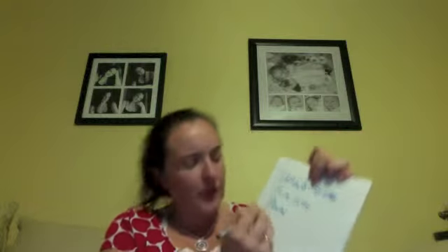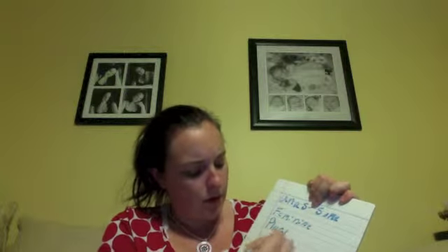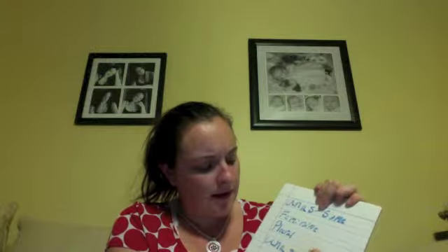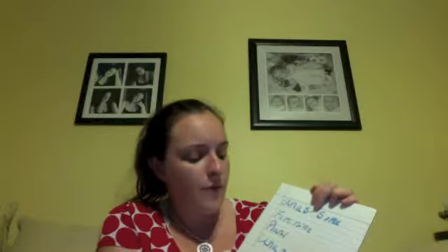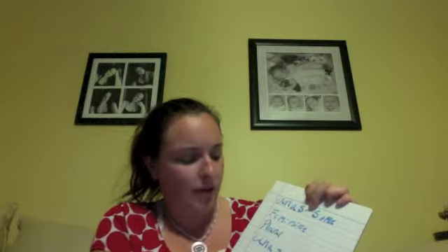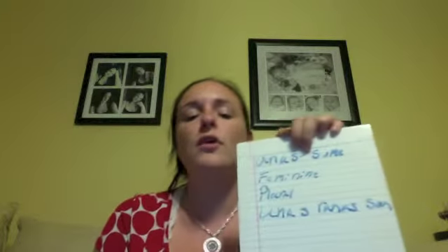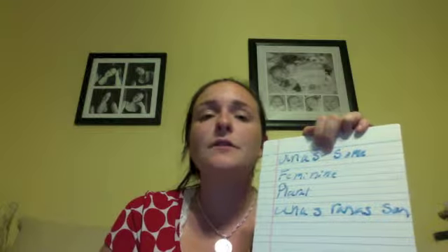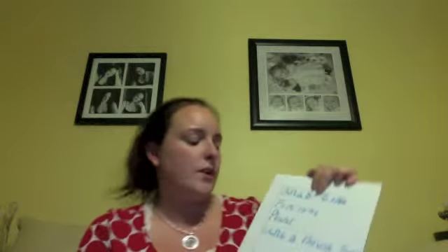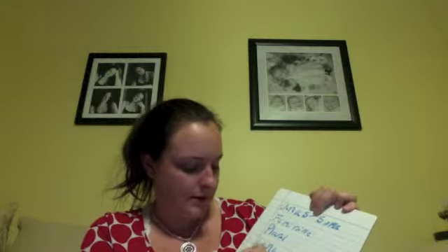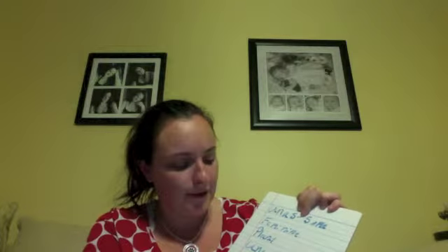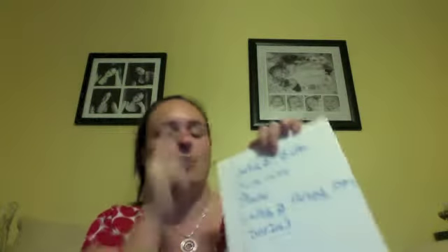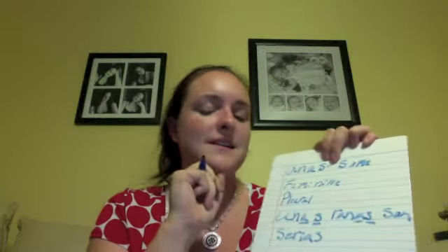An example is unas ranas. Some frogs son, because it's more than one frog, we have to use son. Unas ranas son, we'll do serious. Some frogs are serious. You have seri, it is feminine, so I'm going to put an A. It's plural, so I'm going to put an S. Unas ranas son serias.